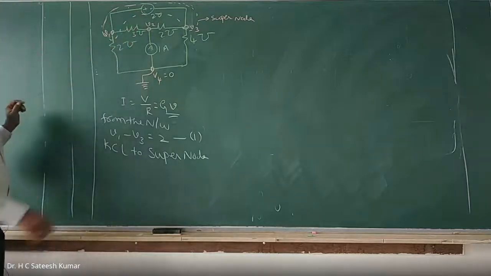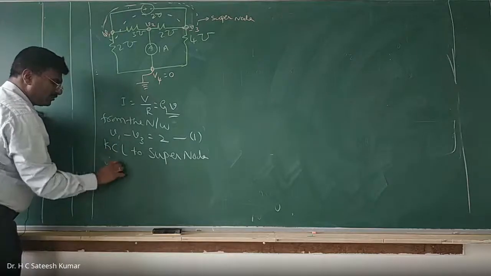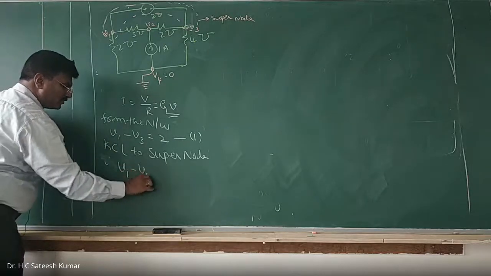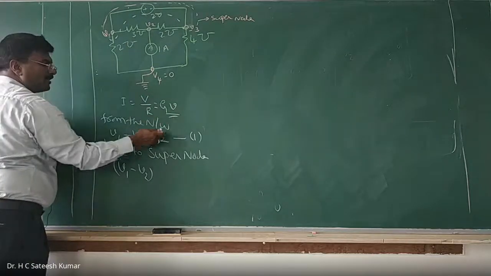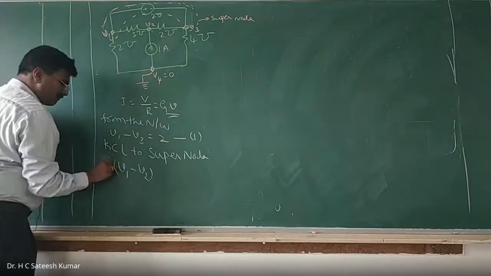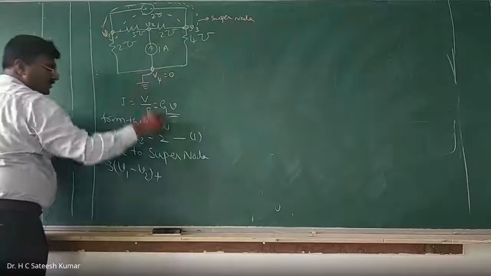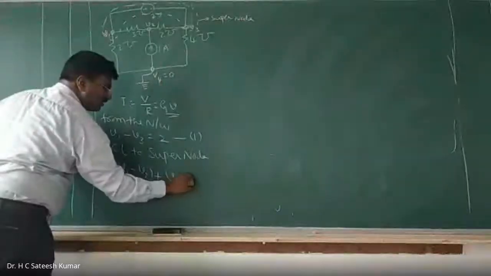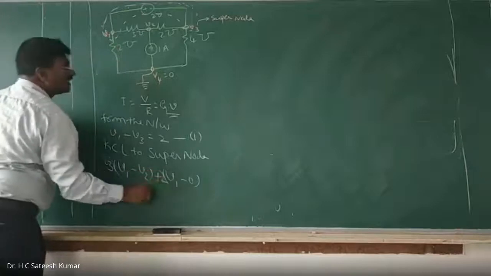V1 minus V2 into, because here conductance is given, we have to multiply. Therefore, V1 minus V2 into 3 plus V1 minus 0 into 2.